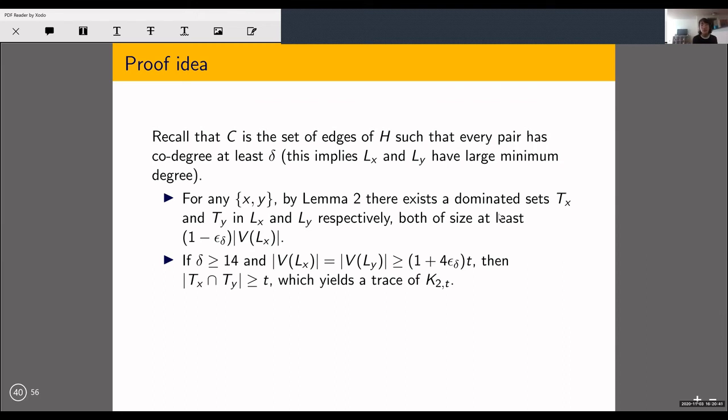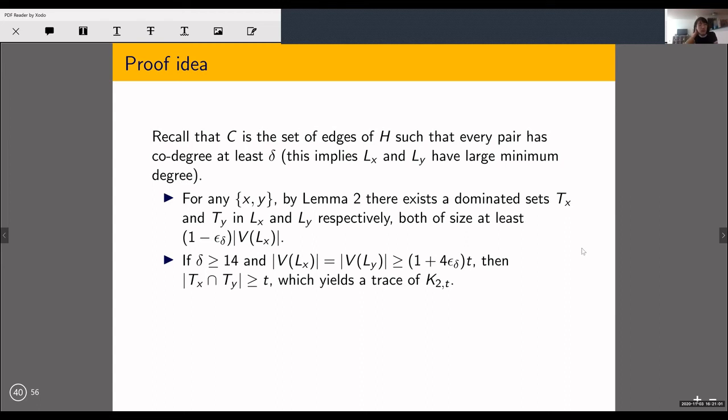This is the set of edges in which every pair has co-degree at least delta, which implies that the link graph has large minimum degree. And now we want to use this sort of probabilistic method to show that there are large dominated sets. Okay, so here's some facts.